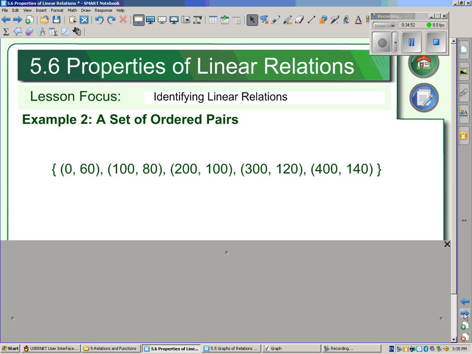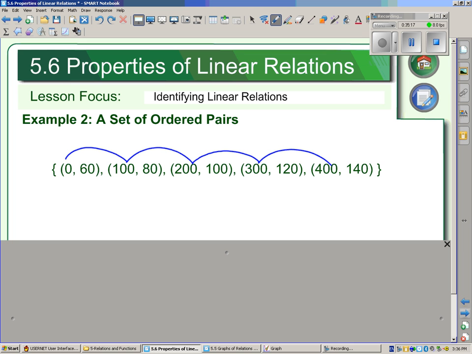Same data, but ordered pairs. And it's really more beneficial if you put your ordered pairs in numerical order. I still like to put everything into a table. I work better with the table. But what we're looking at again are the x's. Do I have a consistent change in values?